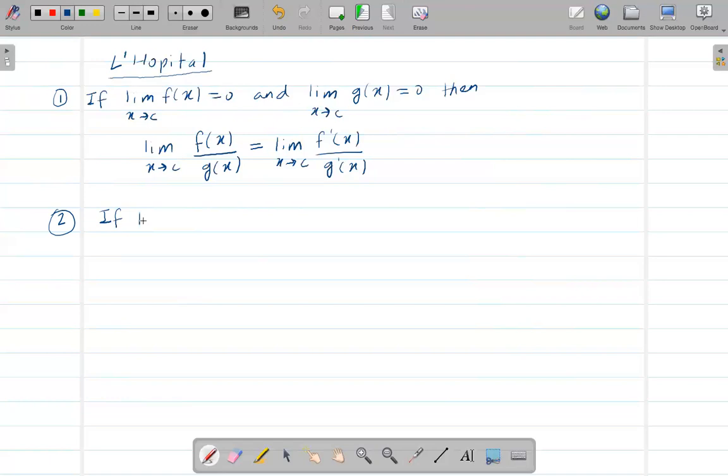Now we can also use this rule when the limit as x goes to c of f of x is infinity, and the limit as x goes to c of g of x is also infinity.